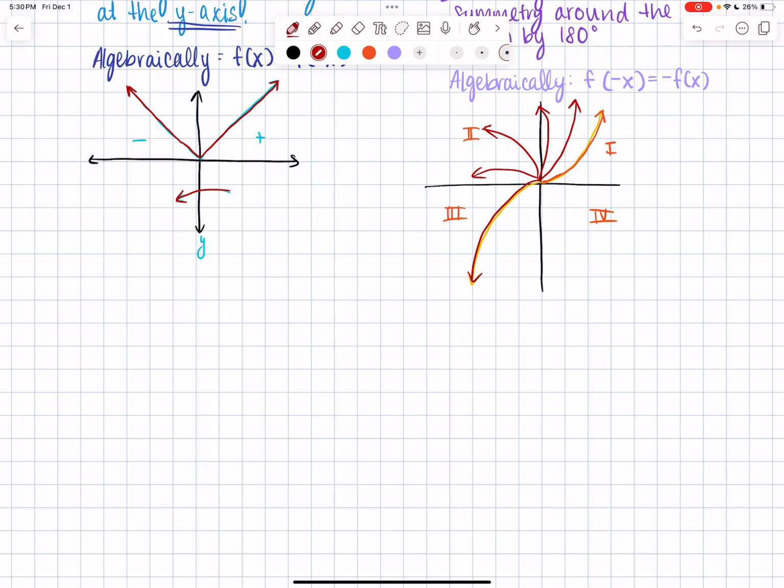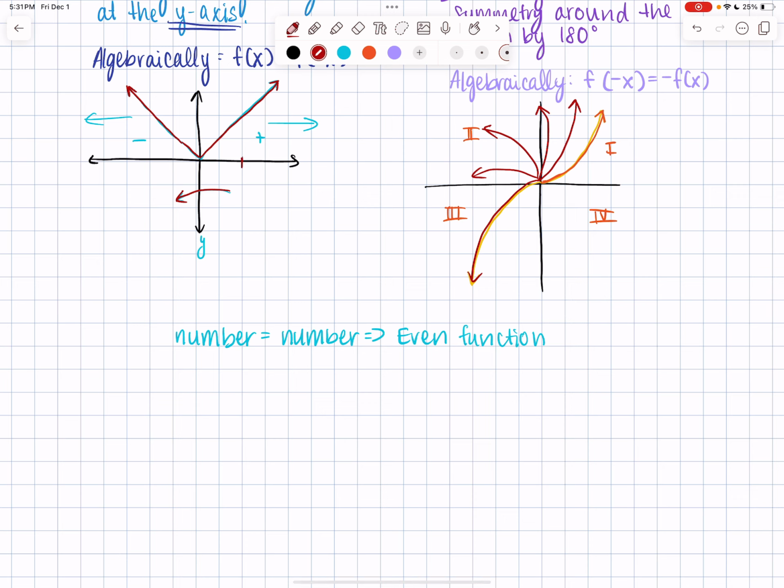So, quick summary. When you have a number equaling a number, that's when you have even functions. One side matches the other. So let's take an example here.